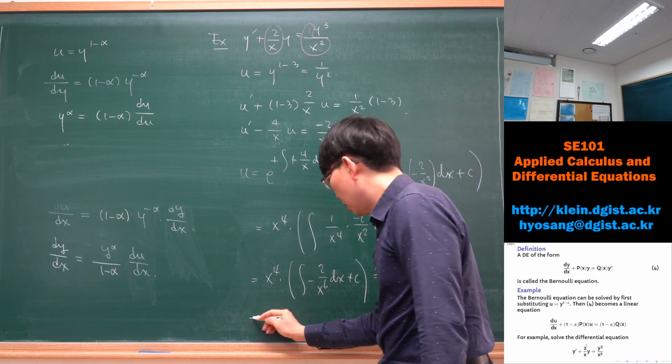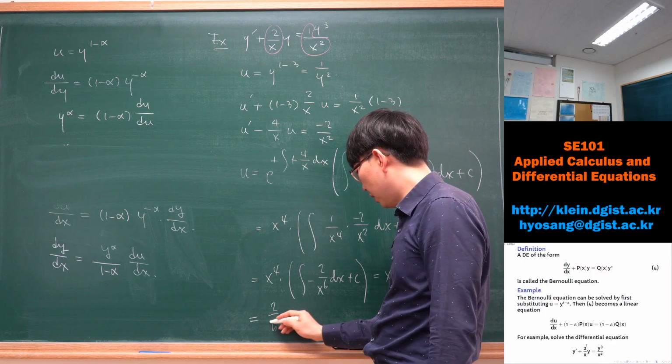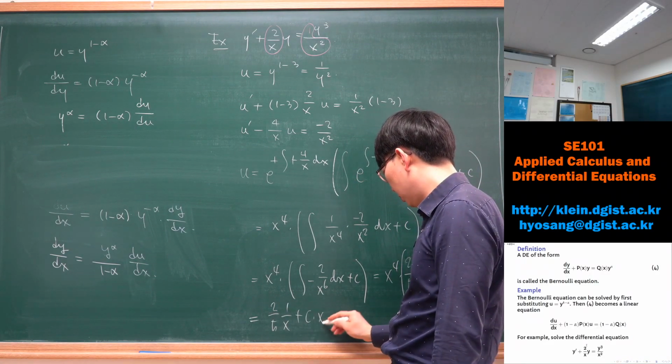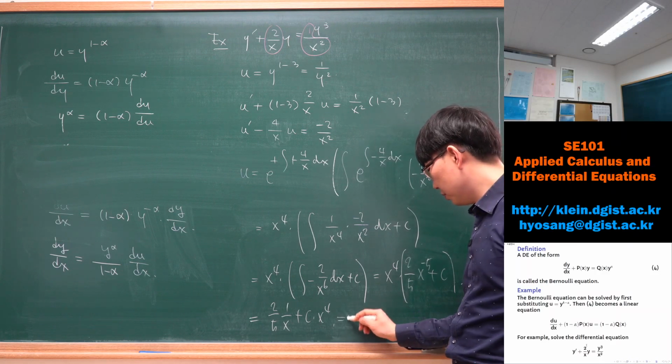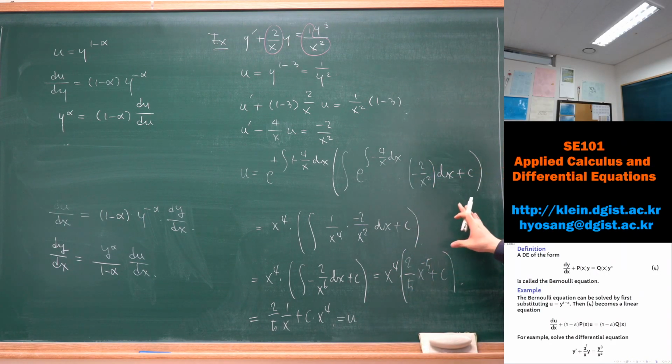When you simplify this, this is 2 over 5 times 1 over x to the fifth, plus c, times x to the fourth. Okay. Now, this is the formula of u. Correct me if my calculation is wrong, because I'm not good at calculation, as you all know by now.